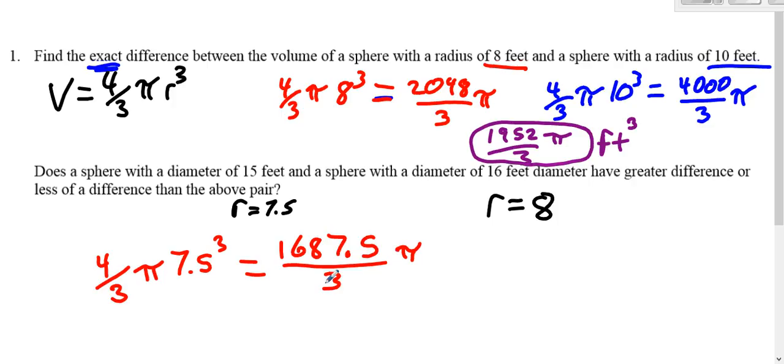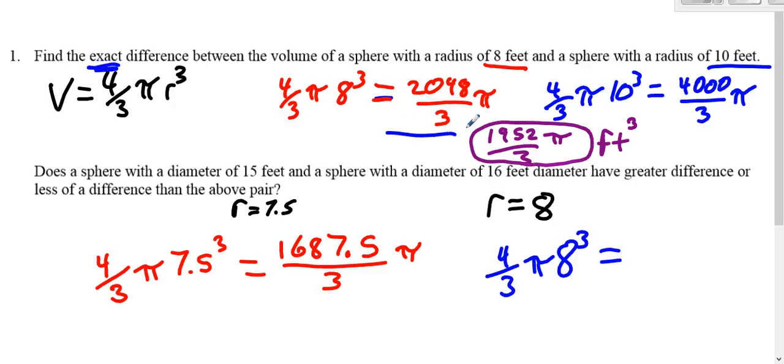Going to keep the 3 in the denominator. It's weird to have a decimal point in the numerator, but we'll leave it for right now. And we do the same thing with the radius of 8. We already worked that out a little while ago.